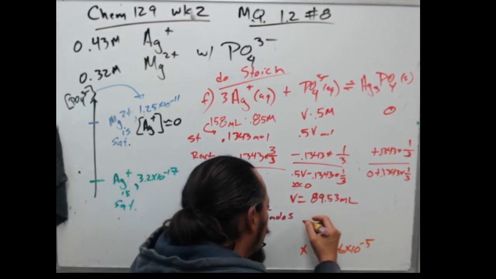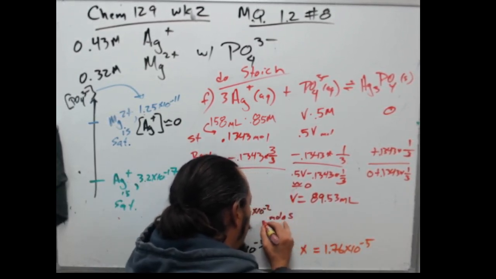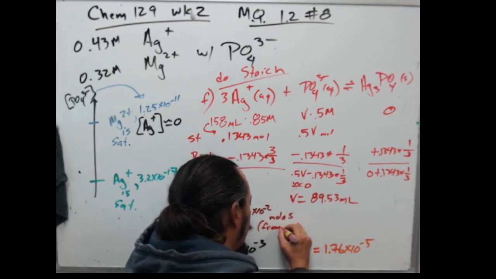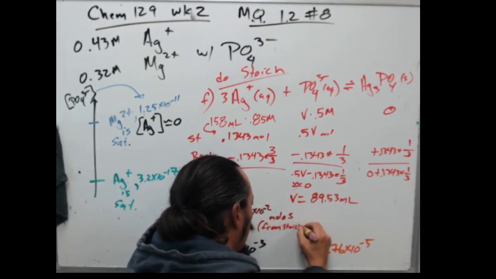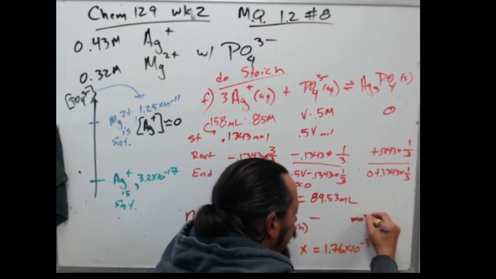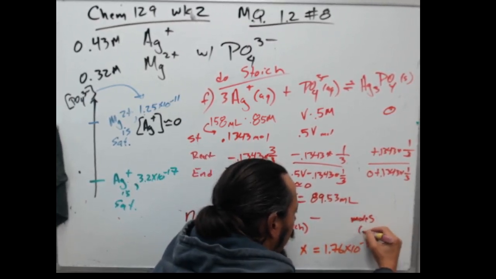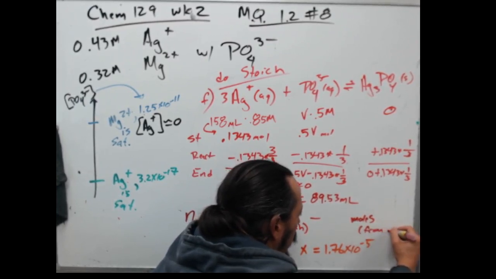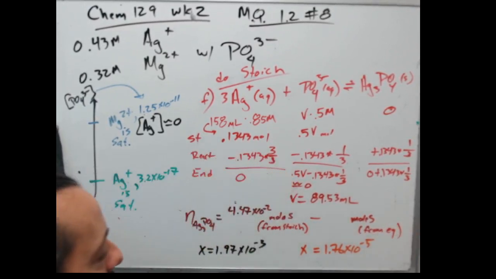So what I'm going to do is label this "from stoich." And I'm going to subtract off the moles from the equilibrium that went back into solution.